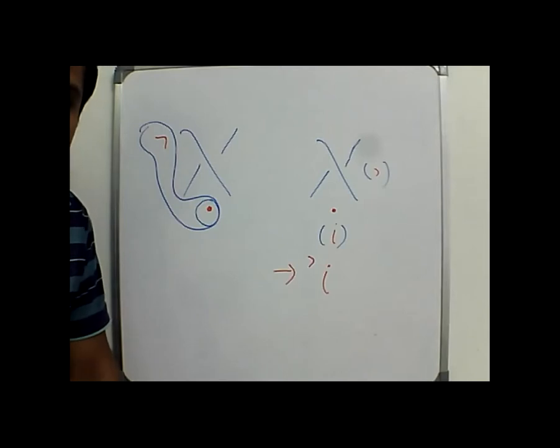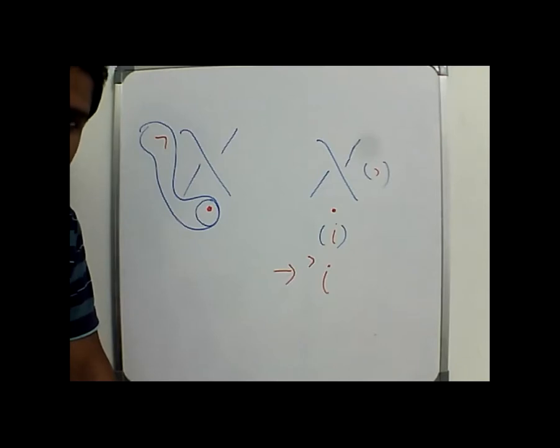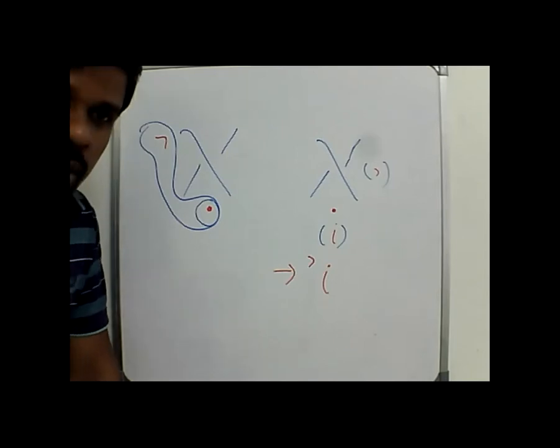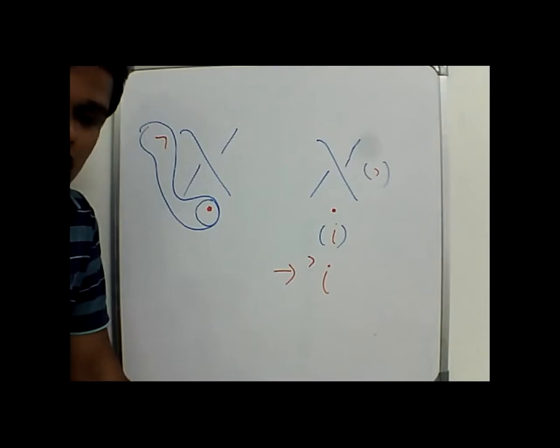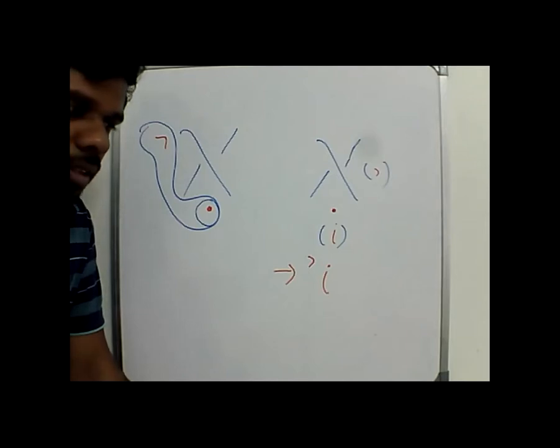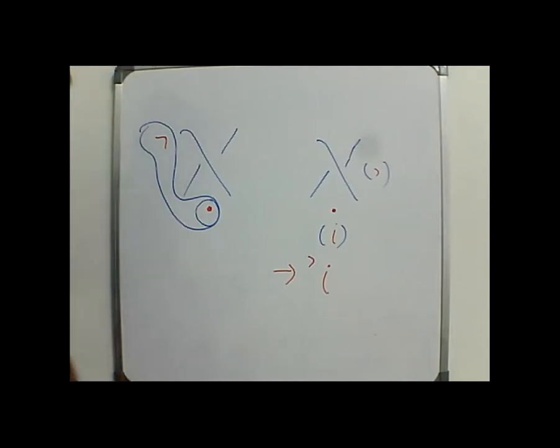Please always be clear about the grammatical terms I am using. Consonant means what, and vowel is what. If you are confused about that, first of all, please clarify your English grammar. Otherwise, it will be difficult for us to understand this language.